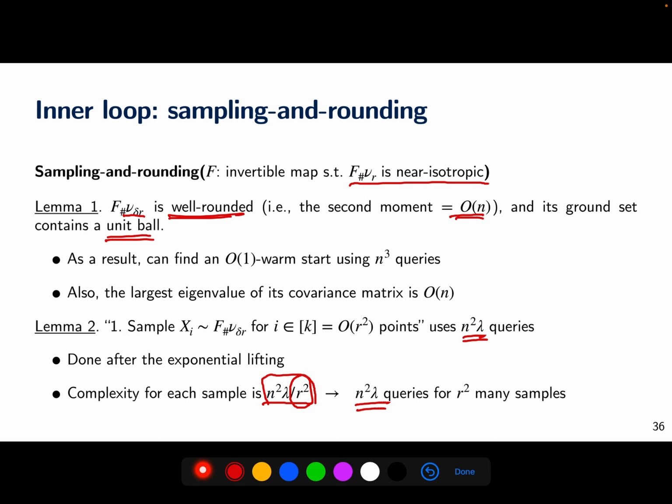The reason is that the ground set now contains a ball of radius r. Roughly speaking, you can scale it by 1 over r, under which your largest eigenvalue of the covariance matrix is also scaled by 1 over r squared. So that's why you have this additional r squared term here.